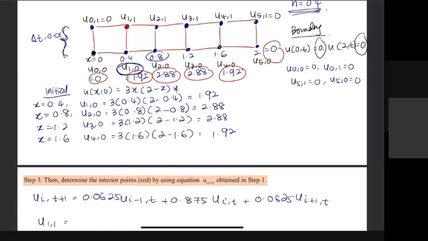So that's why I suggest after you calculate the values here, you substitute the values in the points.